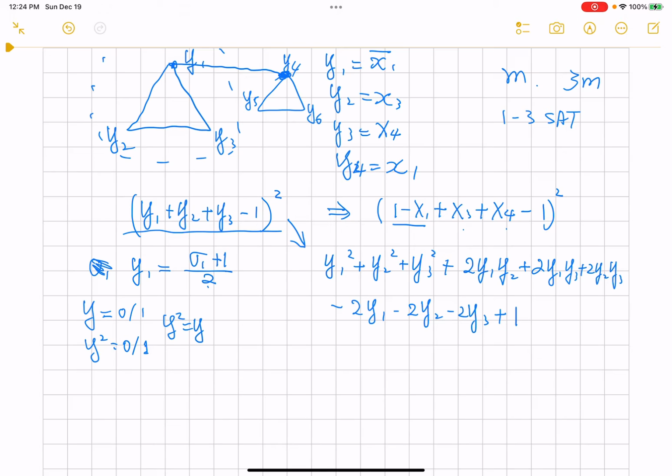Because then I can get rid of this term. This is gone. I just don't have minus 2. This is gone. I don't have this minus 2. I don't have this minus 2. y3 squared is gone. Okay, so I end up with these cross terms and the linear terms.